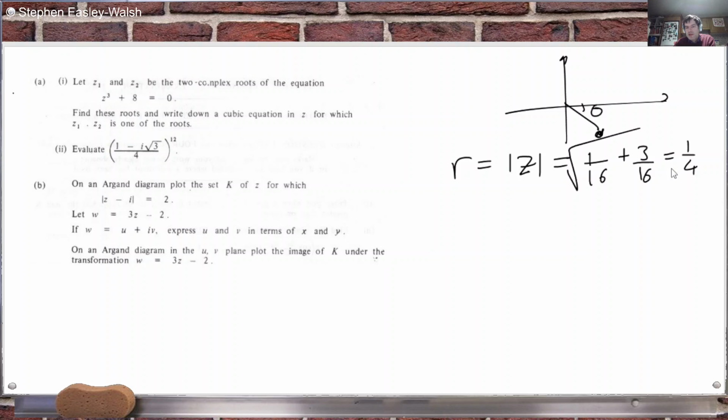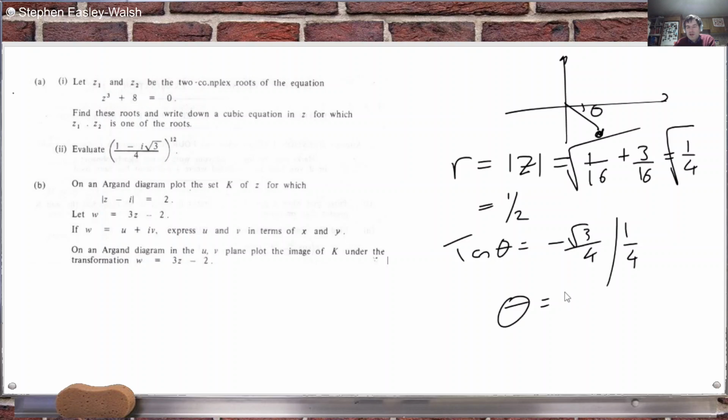Oh yeah, with the root, so that's a half. And then tan theta equals minus root 3 over 4 over 1 over 4.